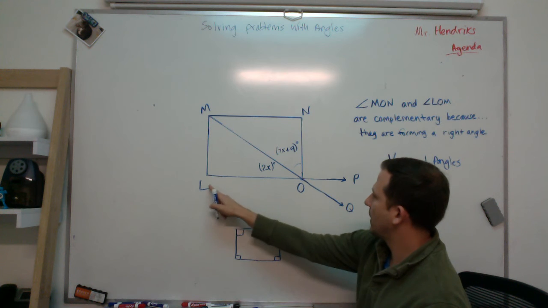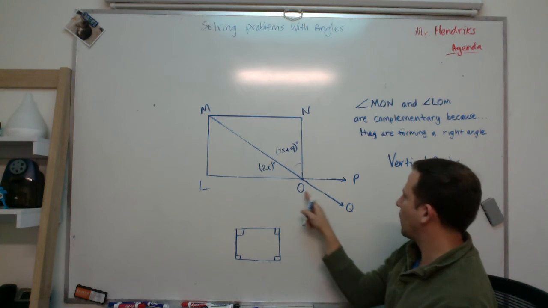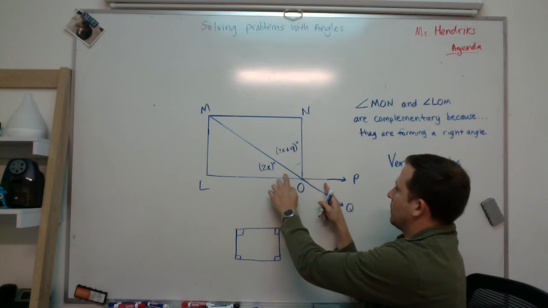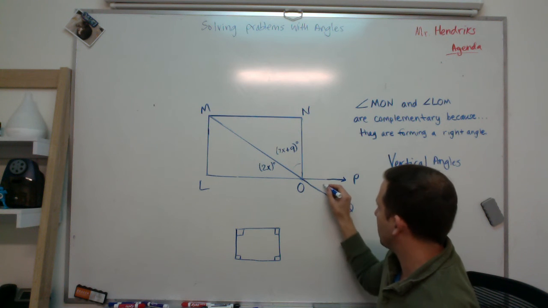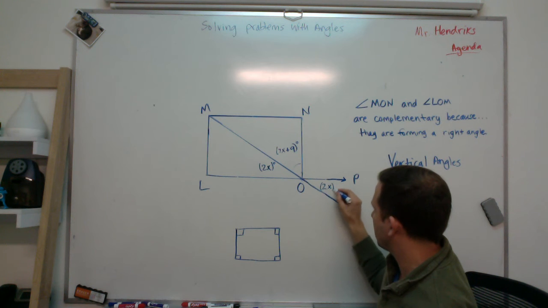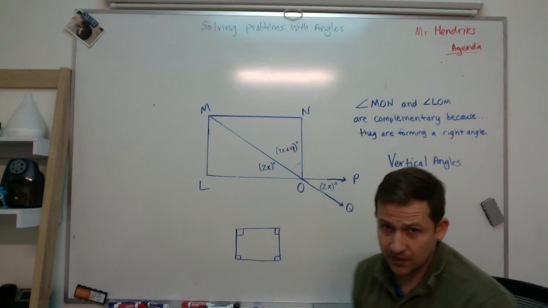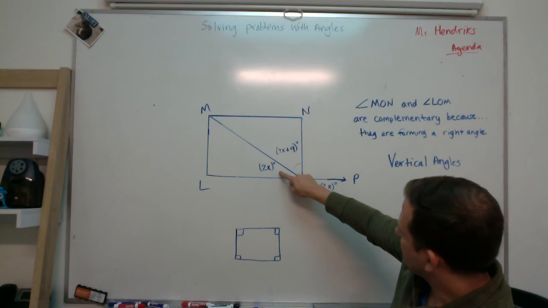So you can see this 2x angle, LOM, is vertical with angle QOP. They are across from each other in an x. When that happens, the angles are equal to each other. So I could label this angle here also as 2x, and you'll find that might be useful later in the problem. But for now, let's set up our equation to figure out what x is.